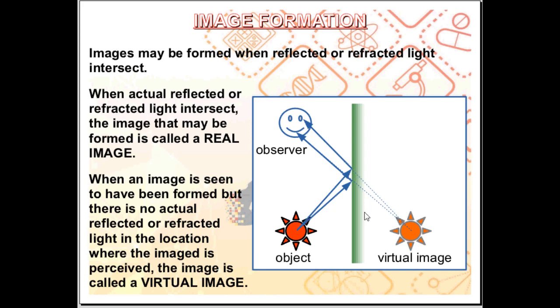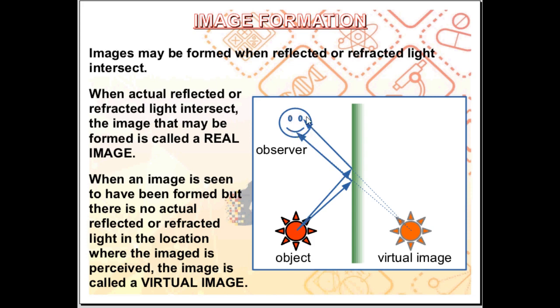For instance, say you have a reflecting surface, a mirror, and you have an object. Light from the object is reflected off the mirror, bounces off the reflecting surface that is, and eventually the light reaches an observer's eyes.